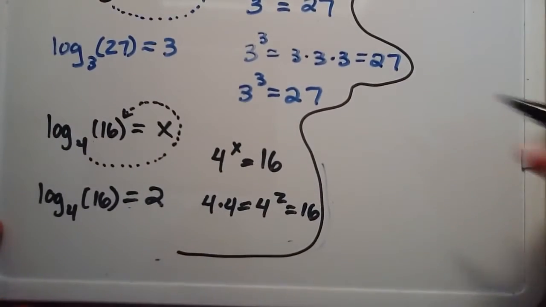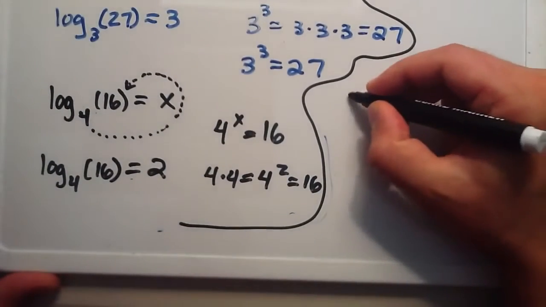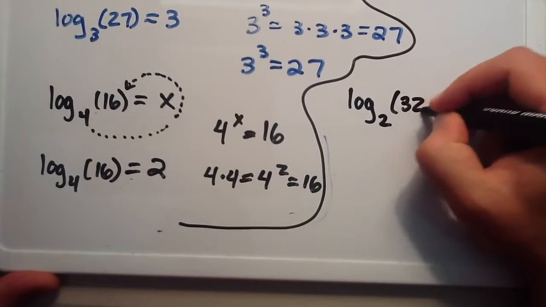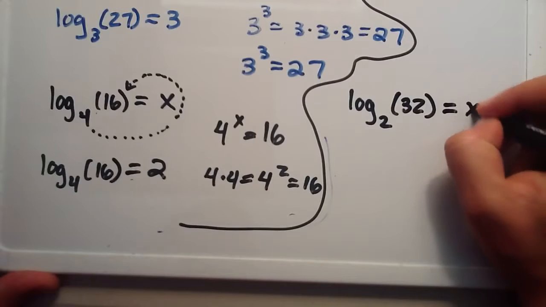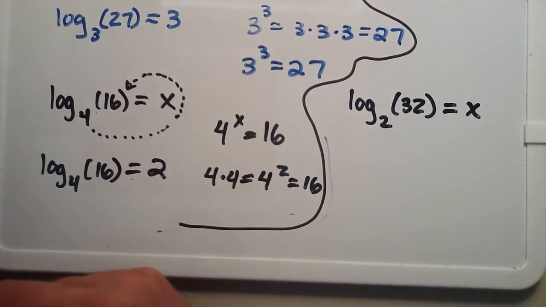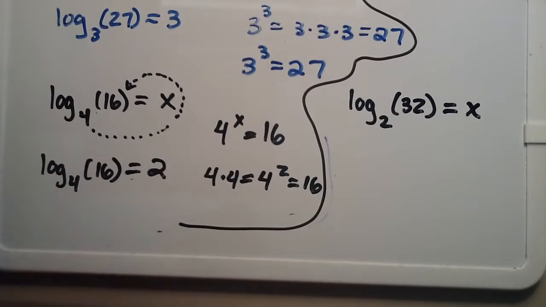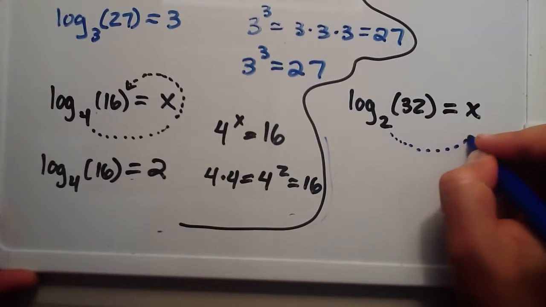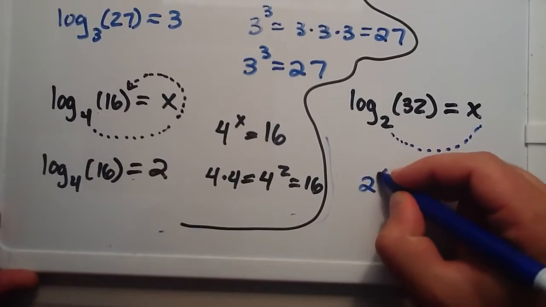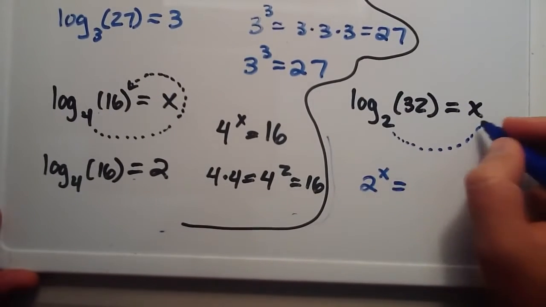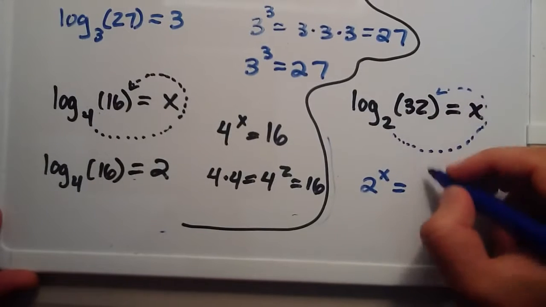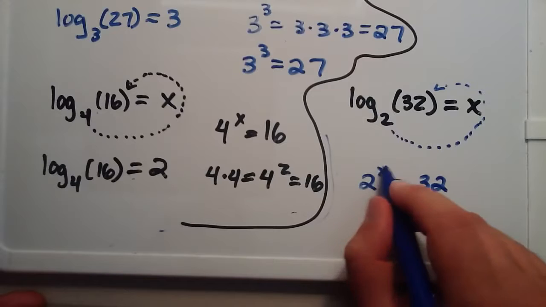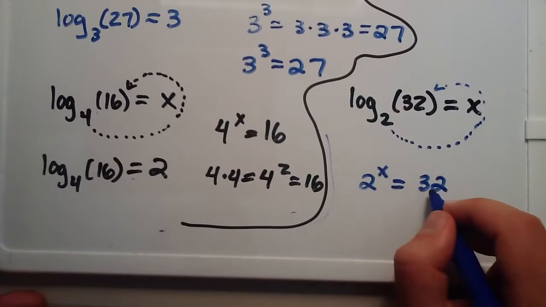So for the last example, we have log base 2 of 32 equals some number. So we're going to draw the scorpion tail again, starting at the base 2. 2 raised to the x power, 2 to the x, is equal to 32. So 2 multiplied by itself how many times, x times, equals 32?